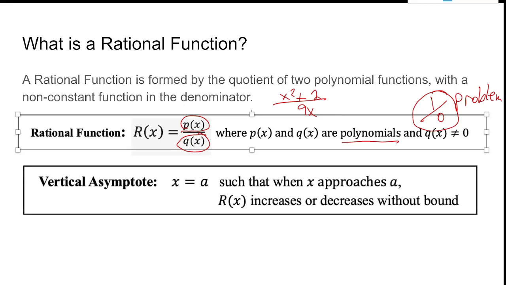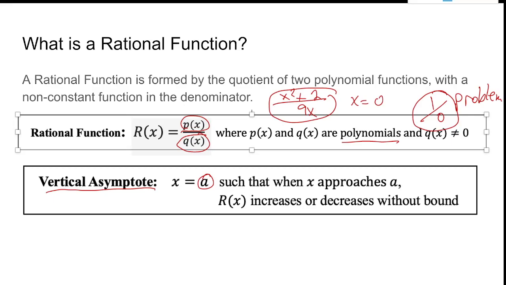The first one is when that denominator does become 0, we get a vertical asymptote. That's when the x value gets close to some value a. In this top one up here, if x became equal to 0, that's going to give us a vertical asymptote, because 0 times 9 is 0, so we get division by 0.